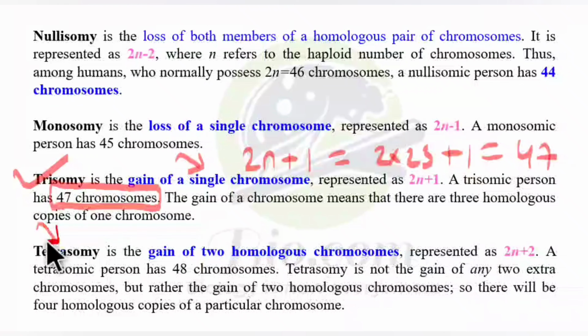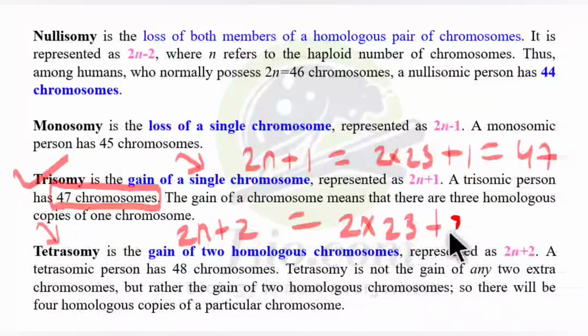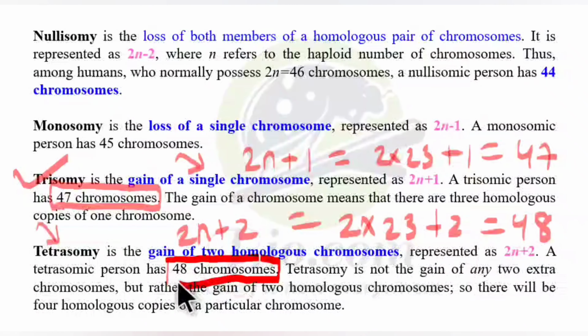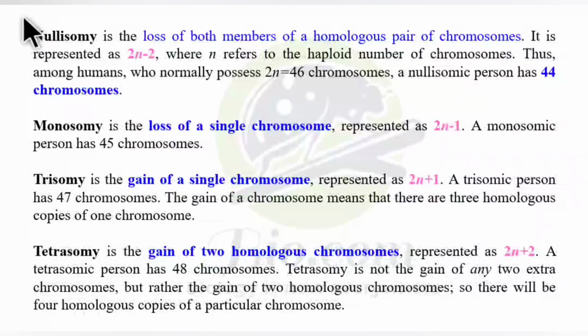Now, similarly, tetrasomy means 2n plus 2. Now, 2 into 23 plus 2, it means 46 plus 2, 48 chromosomes. So a tetrasomy person will have 48 chromosomes in total. So you have to remember that in nullisomy it is 44, monosomy it is 45, trisomy it is 47, and in tetrasomy it is 48.